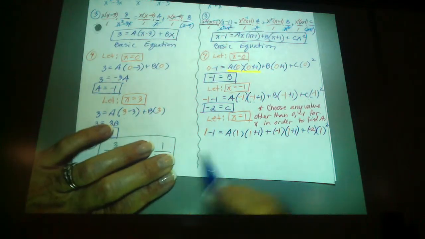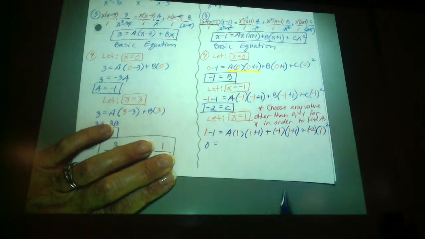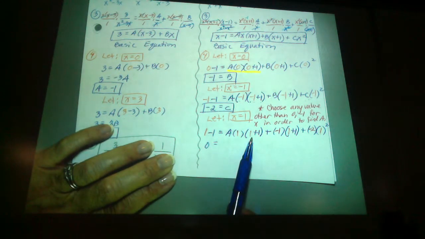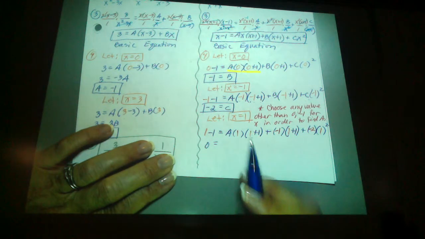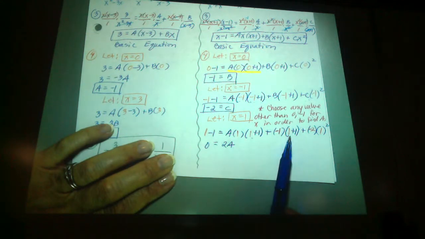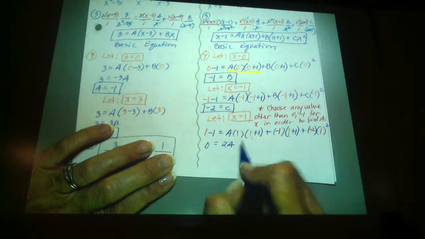On the left, 1 minus 1 is indeed 0. Follow your order of operations here. 1 plus 1 is 2. 2 times 1 is 1 times a, so we get 2a. Order of operations start here. 1 plus 1 is 2. 2 times -1 is -2.